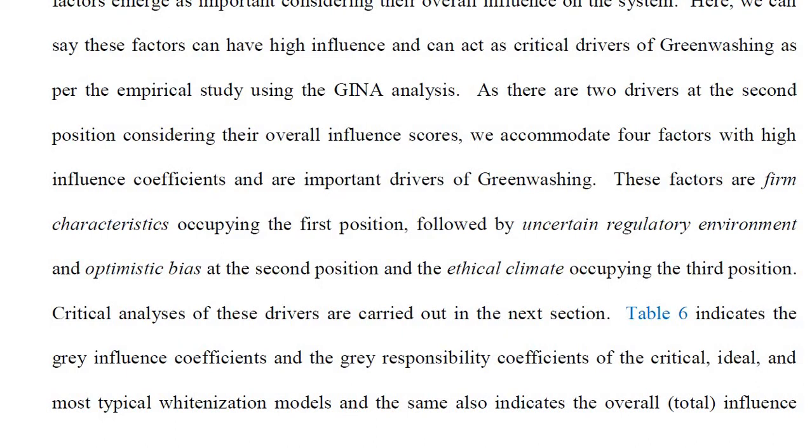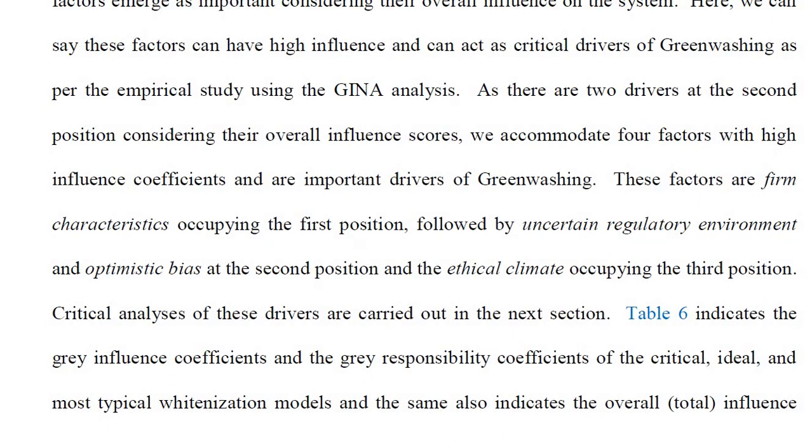Firm characteristics are the primary, most important factor, the chief driver making the firms greenwash. The characteristics of the firm, such as the size of the firm and the number of employees, directly determine how the firm behaves toward the public, or how they will try to greenwash.